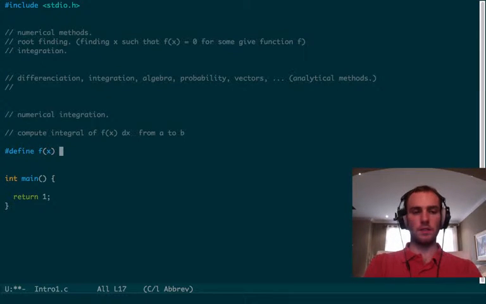Now we'll remove that after a while, but we need the math library. For now just x times x times x minus 1, and okay, float a b.